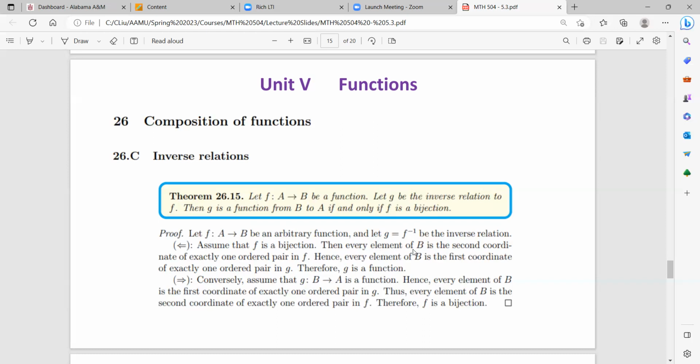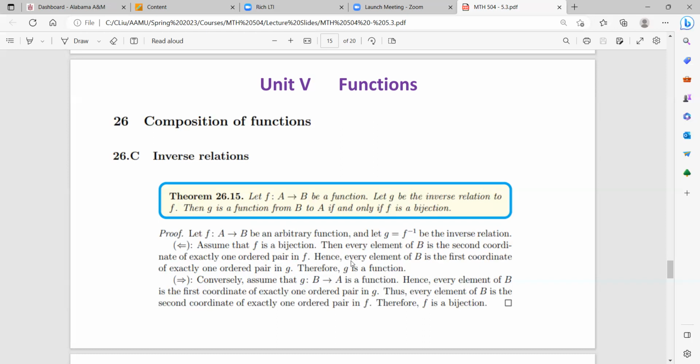So it is onto, which tells us every element of B has a pre-image in A, and it is also one-to-one, so every element of B is the second coordinate of exactly one ordered pair. No element in B appears twice or more in the ordered pairs.